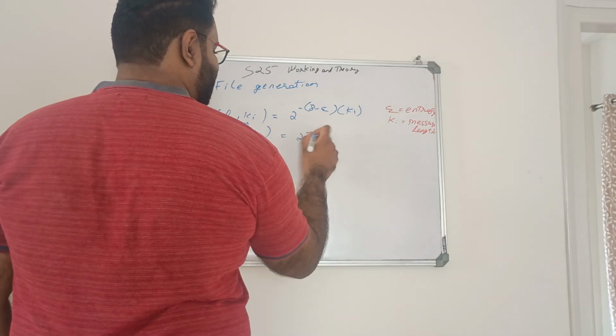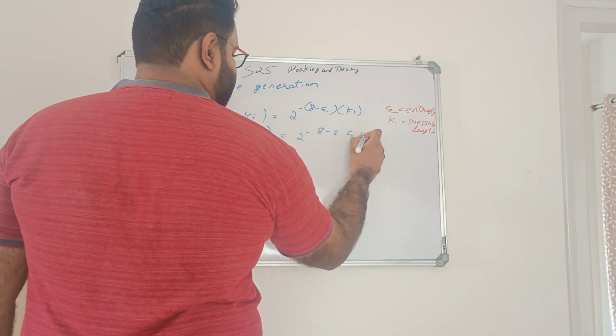So this is going to be 2 to the power negative 8 minus epsilon times summation of ki.